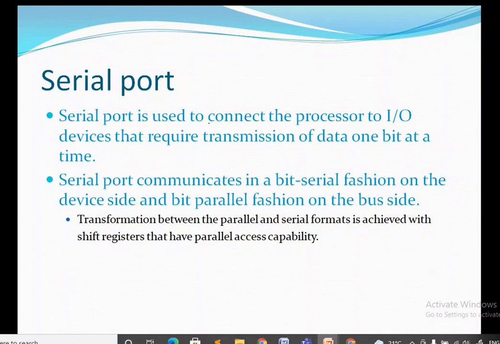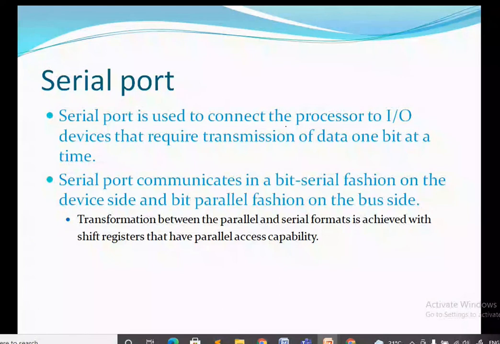We also discussed that in the interface there will be a converter: if the device supports parallel transfer, and if your device supports serial transfer, it requires the converter. So the IO interface takes care of conversion from serial to parallel mode.